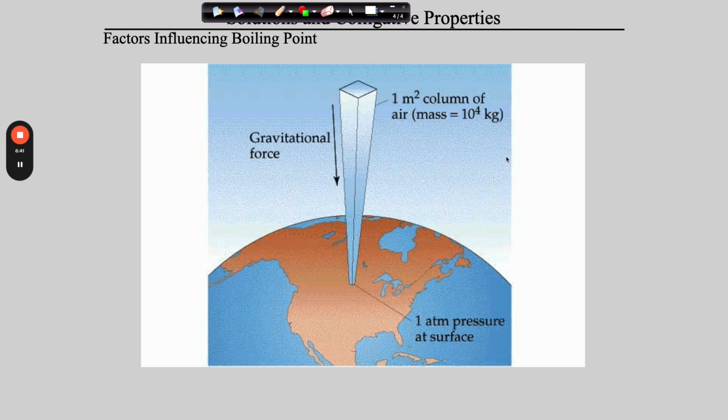We talked about the idea that there is a 20-mile tall column of air sitting on us at sea level. So guys, the idea is this. If we have a beaker of water down here, that beaker of water has 20 miles of air sitting on top of it. That air has weight, and that keeps the water from boiling.